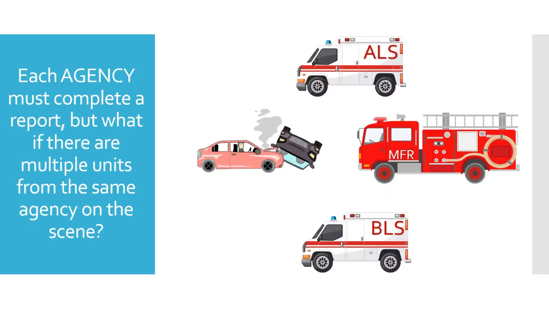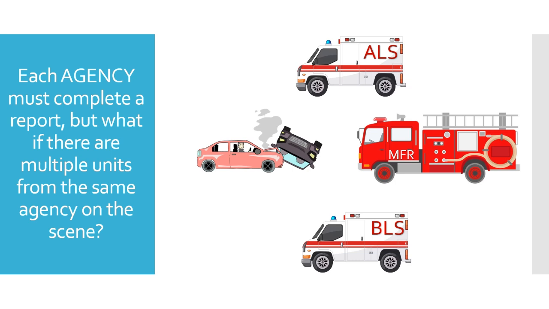Now, the Protocol 7-15 patient care record says that each agency must complete a report. But what if there are multiple units from the same agency on the scene? Who does a report, or do they all have to do a report? Well, the answer is it depends. If the fire department shows up on the scene, they must do a report.